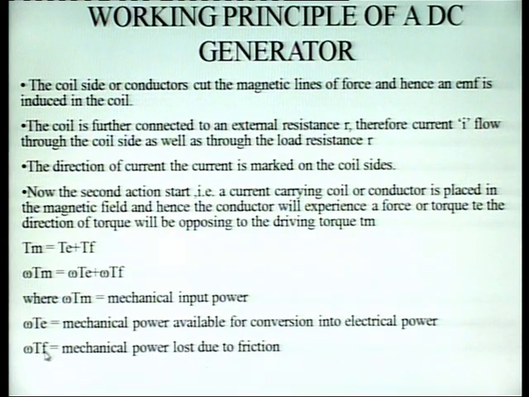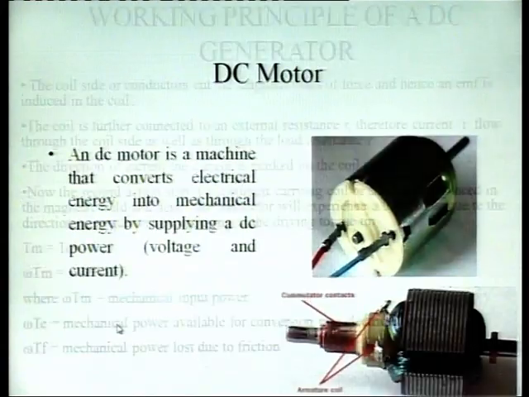So, this is the power which is lost to overcome the friction. So, only omega Te will be available for conversion into electrical power.